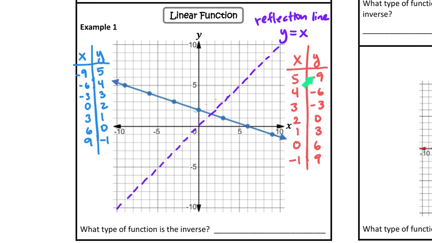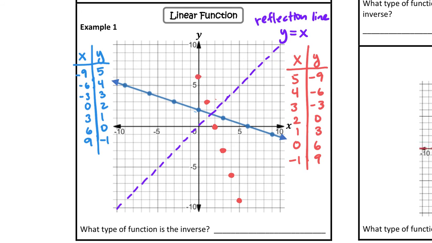So if I graph this first one, 5, -9, that's going to be 5, -9. Then 4, -6. 3, -3. 2, 0. 1, 3. 0, 6.